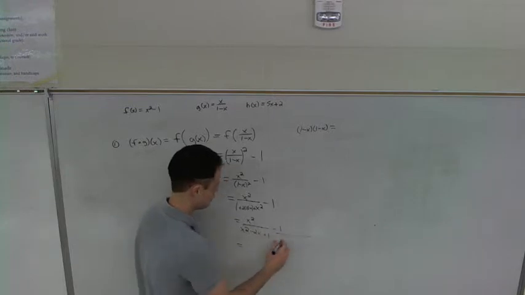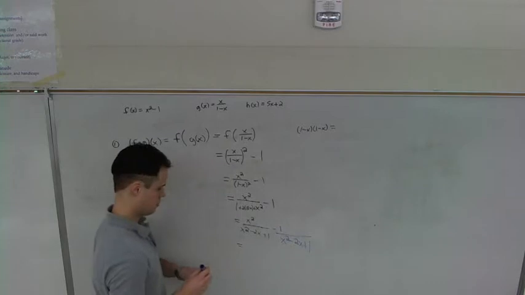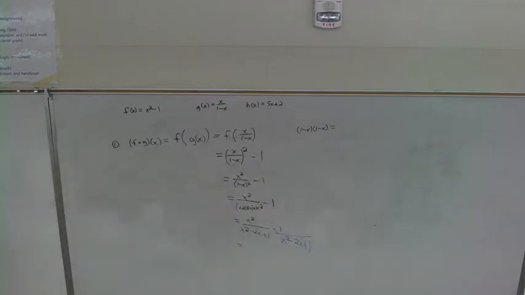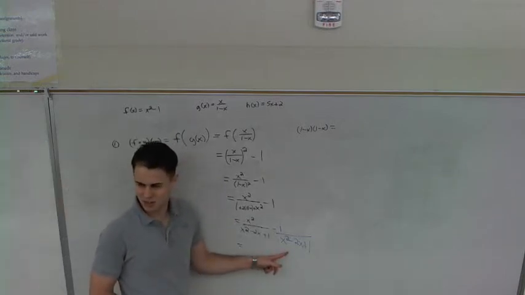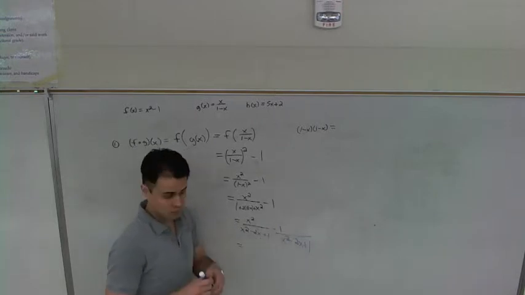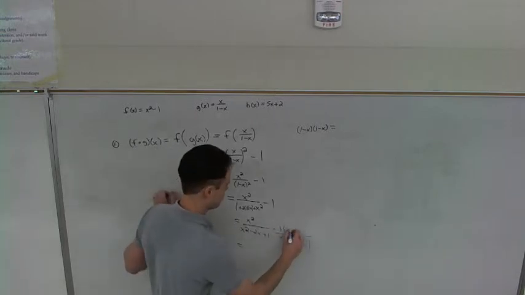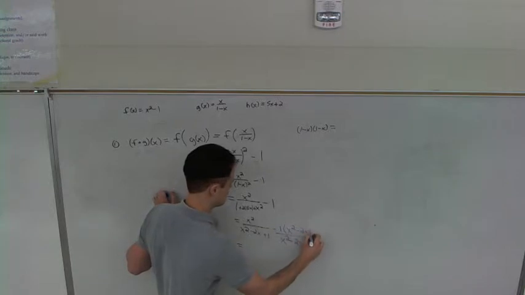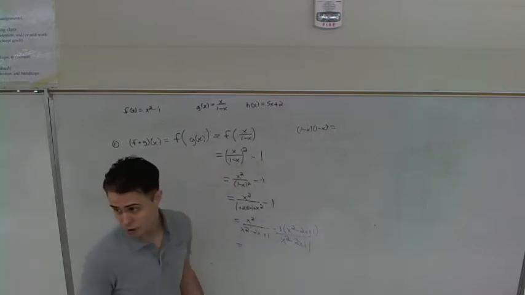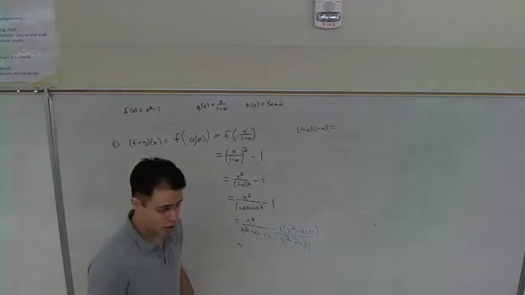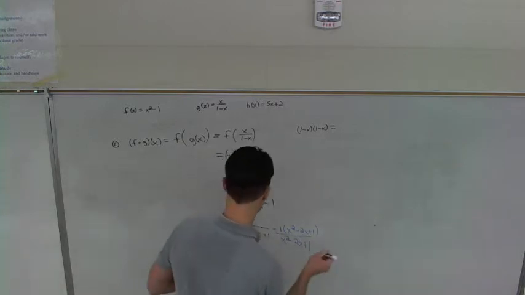I need to make it be over that same thing. Is that legal? I have to put it on the top too, right? So I gotta go up here and go x squared minus 2x plus 1, times 2. That's how we fix up terms, right? If they don't have the right denominator, we gotta multiply it on top and bottom. That's gonna come up again when we get to trig.